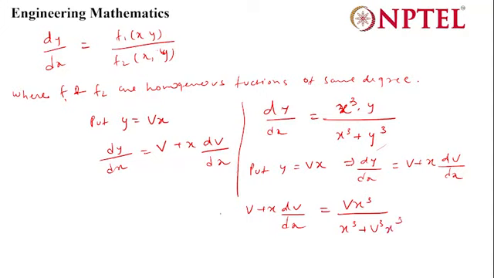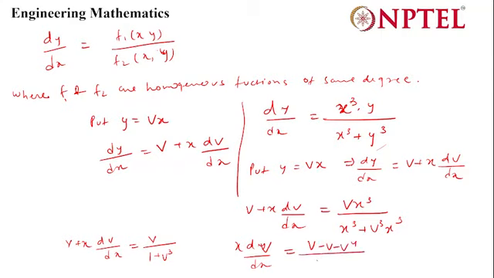Then you will solve this, and it will come as v plus x dv by dx is equal to v divided by 1 plus v cube. You will shift this v to the other side. x dv by dx is equal to v minus v to the power 4 divided by 1 plus v cube. v and v cancel.